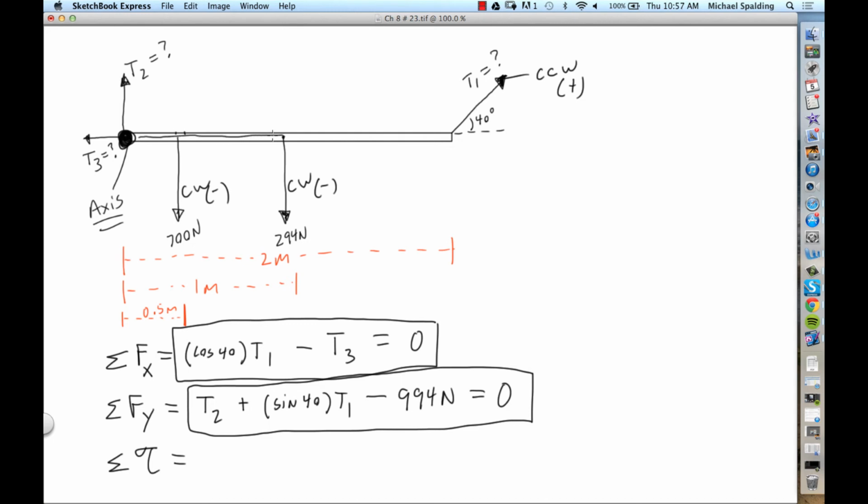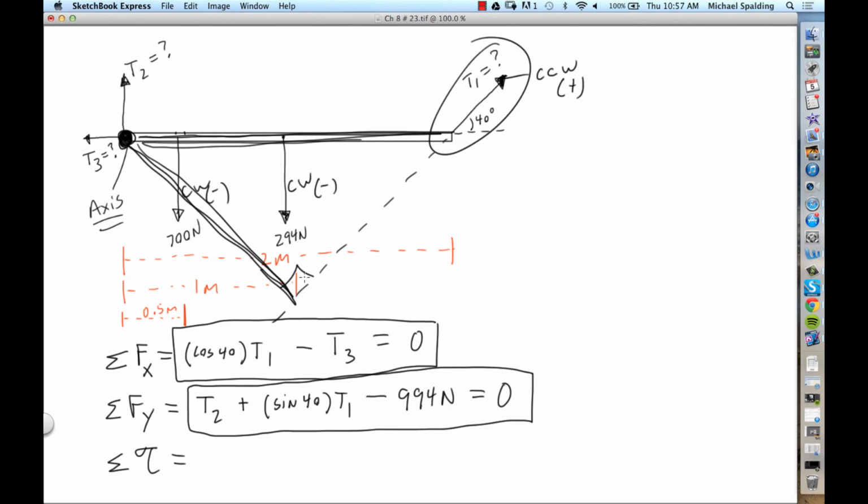So this distance right here is 2 meters, but is 2 meters perpendicular to T1? So look, you can either make the force perpendicular to the distance, or you could make the distance perpendicular to the force. That would be acceptable. Let's make the force perpendicular to the distance.